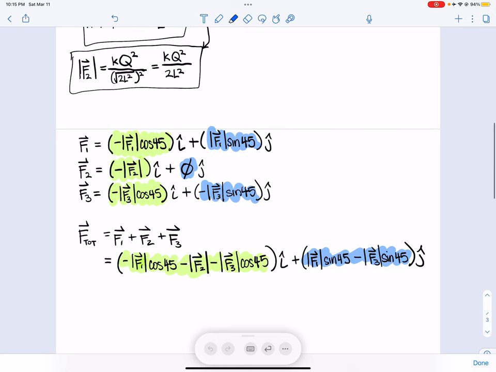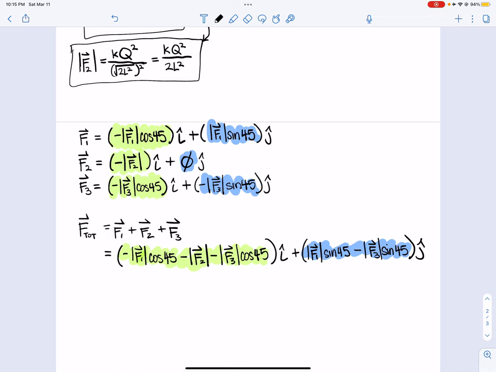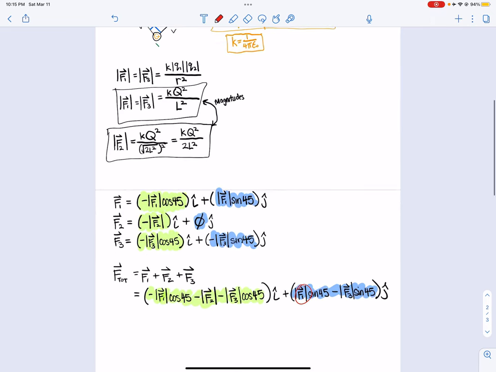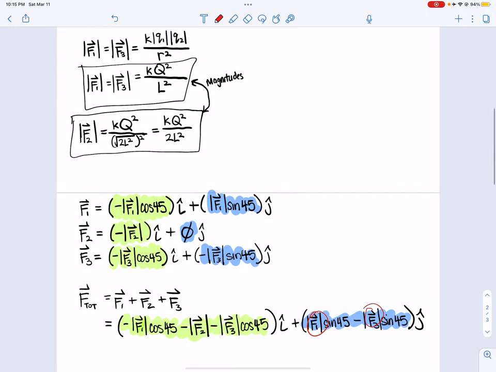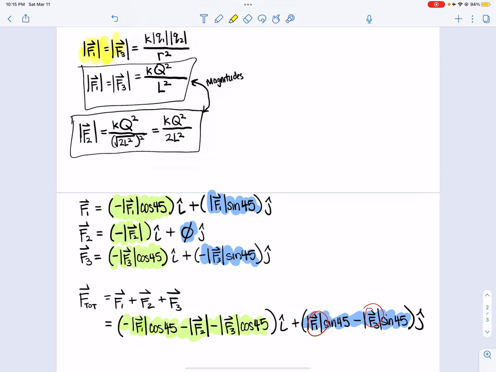All right. Remember, the magnitude of F1 is equal to the magnitude of F3, right? That's what we figured out right here. So because the magnitude of F1 is equal to the magnitude of F3, these guys cancel out, and this just becomes 0, right?